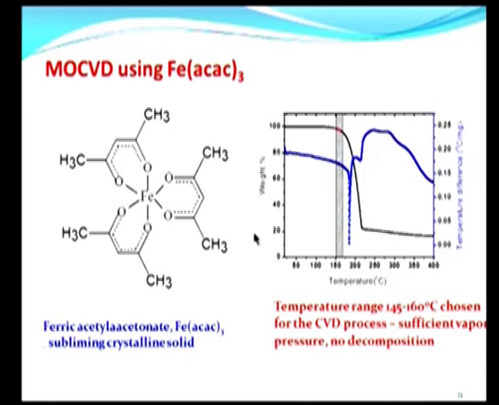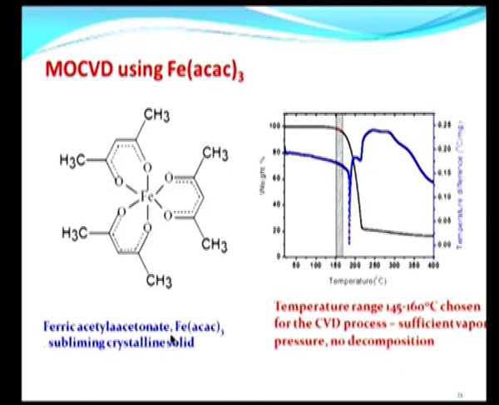So far, we have shown how using hydrocarbons carbon nanotubes can be obtained. What is shown here is how a different kind of starting material, in this case ferric acetyl acetonate, can be used.